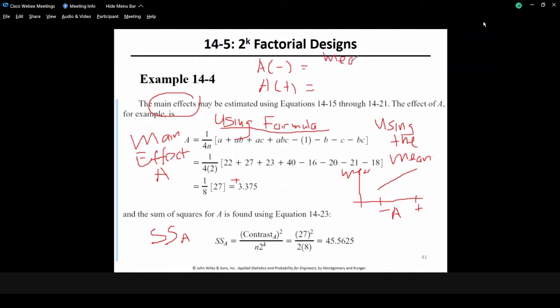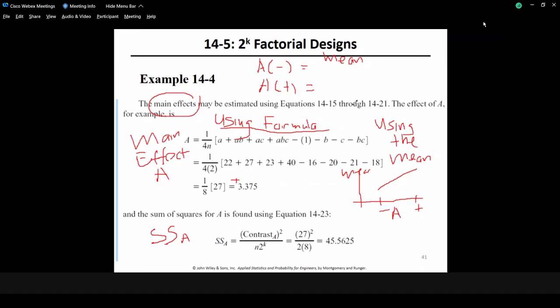Please take note. Mean of A minus, mean of A plus. Please, guys, please record this.